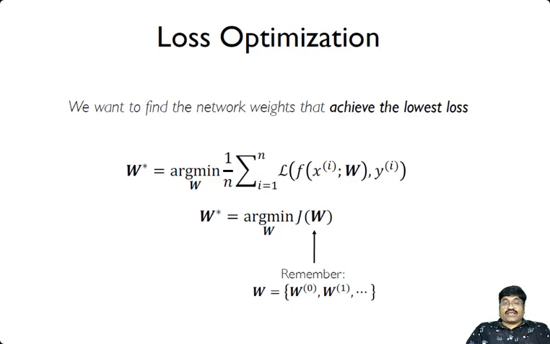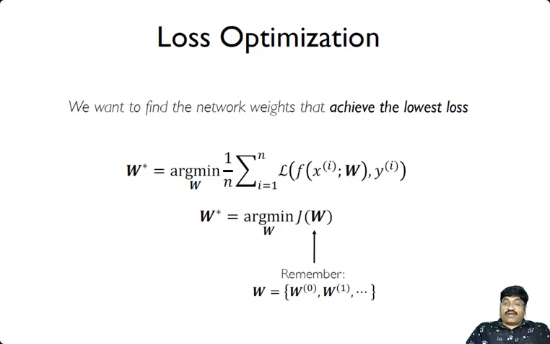This is just a way for me to express this in a clean notation, but W is a whole set of numbers. It's not just a single number. And you want to find the value of each of those weights such that you can minimize this entire loss function. It's a very complicated problem.